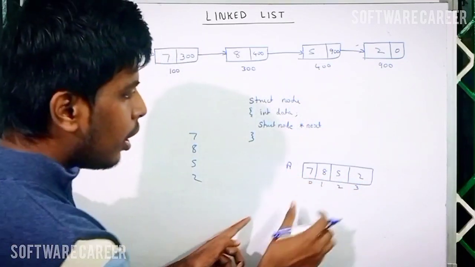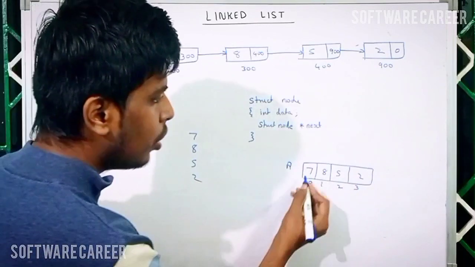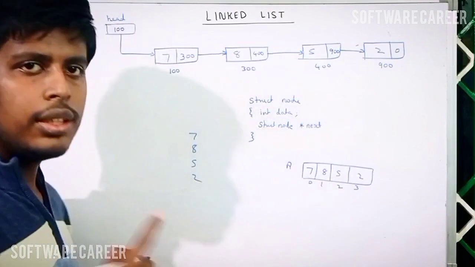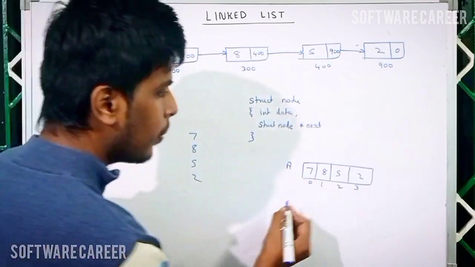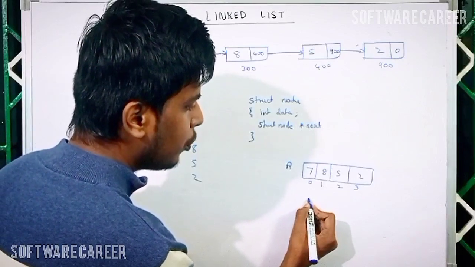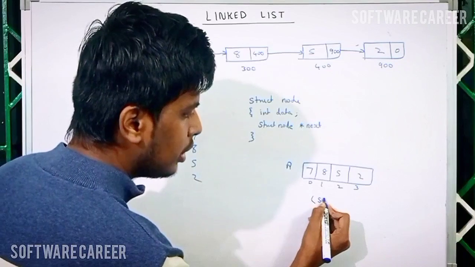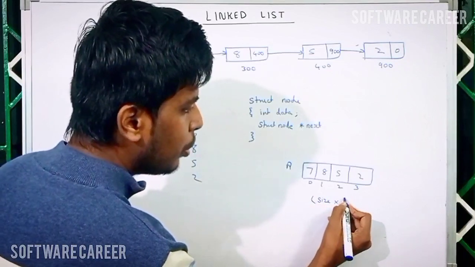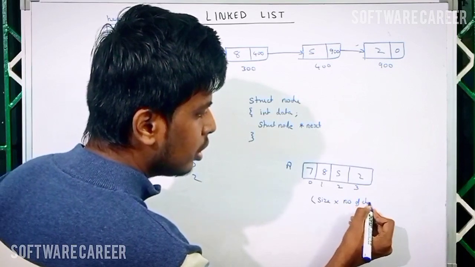Now how much memory is required for this array A? You are storing integer values, and each integer takes 4 bytes. The formula is the size of each integer times the number of elements.